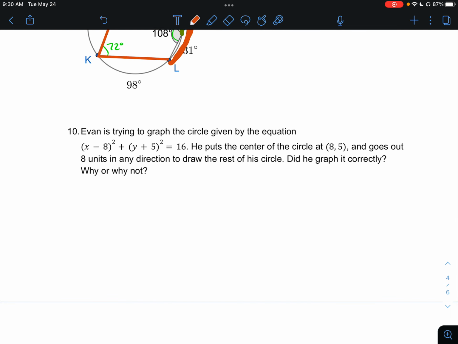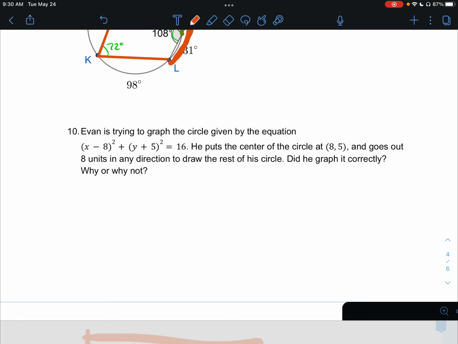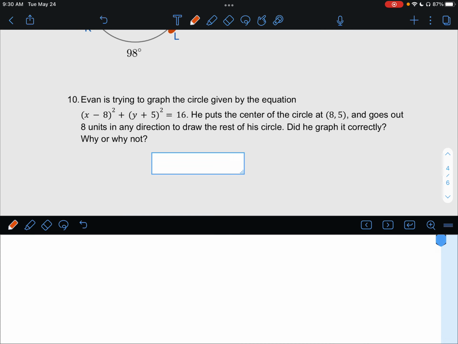All right, question number 10. Evan is trying to graph the circle given by the equation x minus 8 squared plus y plus 5 squared equals 16. He puts the center of the circle at 8, 5 and goes out 8 units in any direction to draw the rest of his circle. Did he graph it correctly? Why or why not?